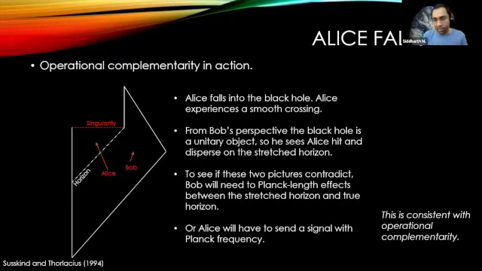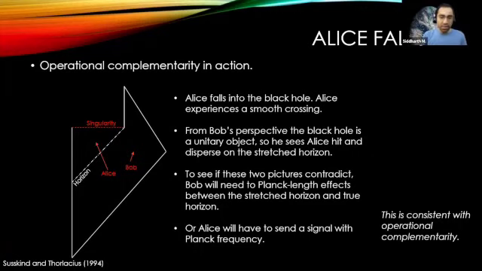Well, she'll have to send that signal before she crosses the true horizon, because otherwise the signal won't come out, of course. And so she'll have really just one Planck distance to cover in which she can send out that signal, and consequently her signal will have to be Planck frequency.